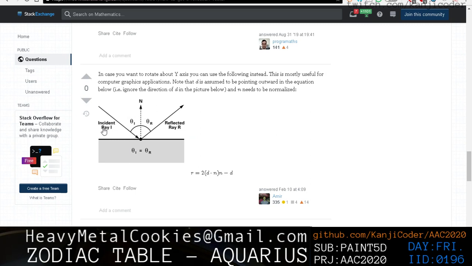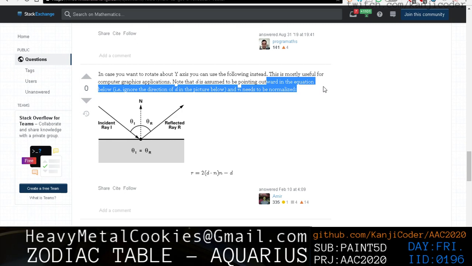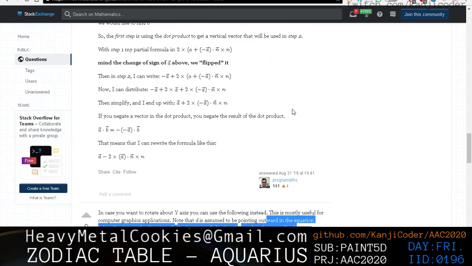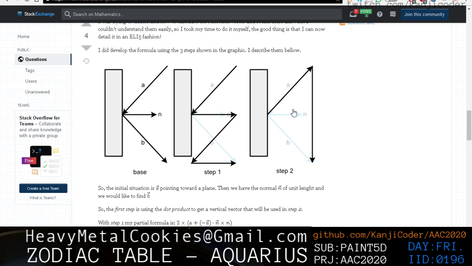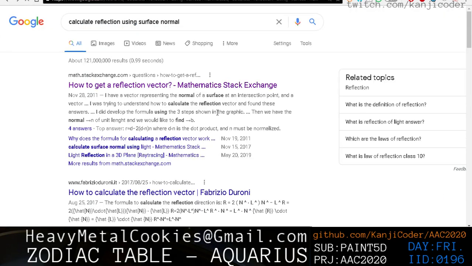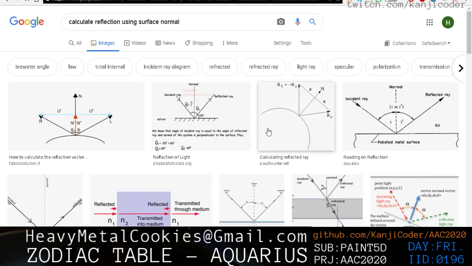I don't see D in here. Incident ray. I don't know, I don't see where that is. Are there any images that'll just have the correct thing?